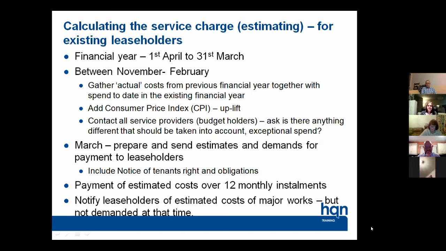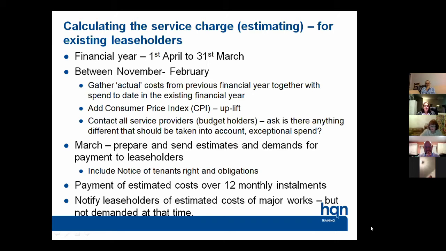They use those actual costs to inform moving forward, particularly contract costs. They're very straightforward. They'll use those costs and then add an uplift, because the contract terms usually have an uplift built into the contract.